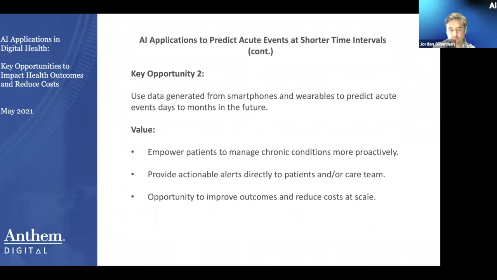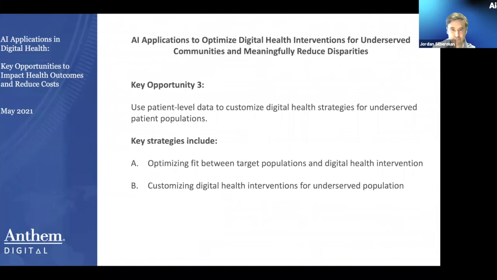That may really provide an opportunity to improve outcomes and reduce costs at scale. Third key opportunity is to apply AI in order to optimize digital health interventions for underserved communities and meaningfully reduce disparities.